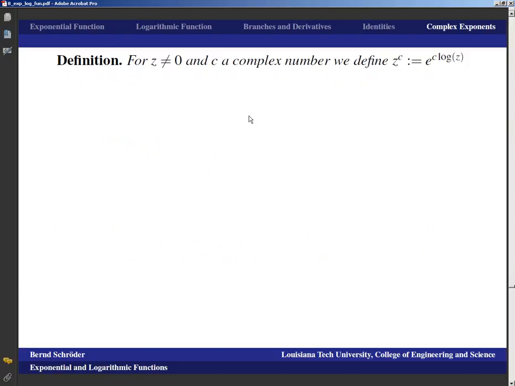Okay, so what we're going to define now are complex exponents for a non-zero number z and c complex. We define z to the c being e to the c log z.